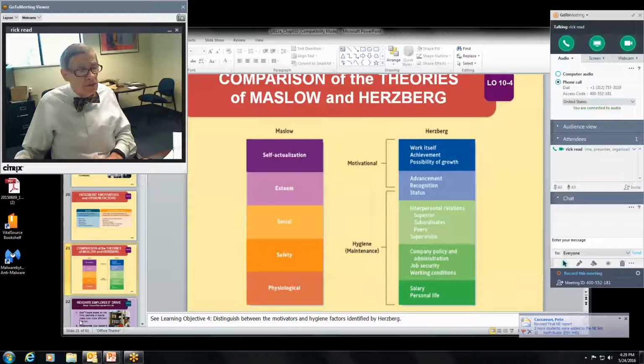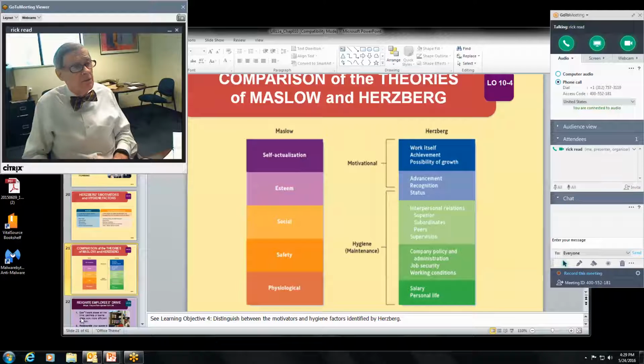Now, I want to stop here just a second and give you a little bit of information about Hertzberg. Researchers have not been able to replicate Hertzberg's study. One of the reasons, and probably the primary reason they have not been able to do that, is that Hertzberg worked with 200 individuals. His research was done with 200 individuals, and the individuals were either accountants or engineers.